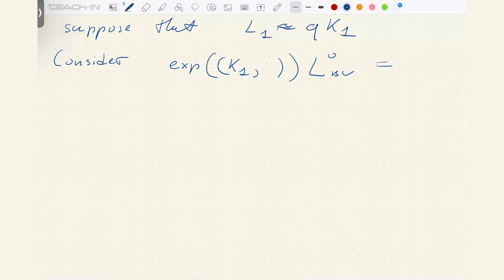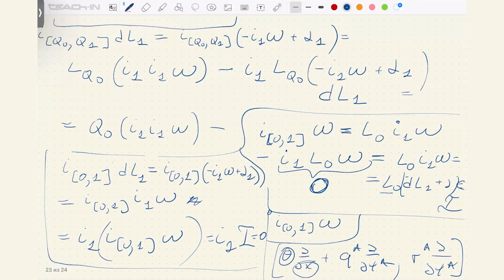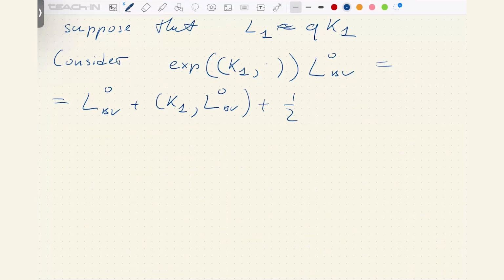So it means that if we expand the exponential in Taylor series, it's going to be just an expansion in homogeneity degree in fields. So what it's going to look like: it's L naught BV plus K1 L naught BV plus half K1 K1 L naught BV, etc. This term is of homogeneity 2.